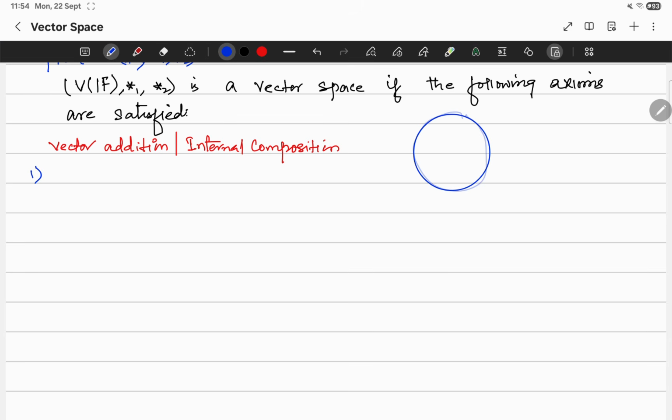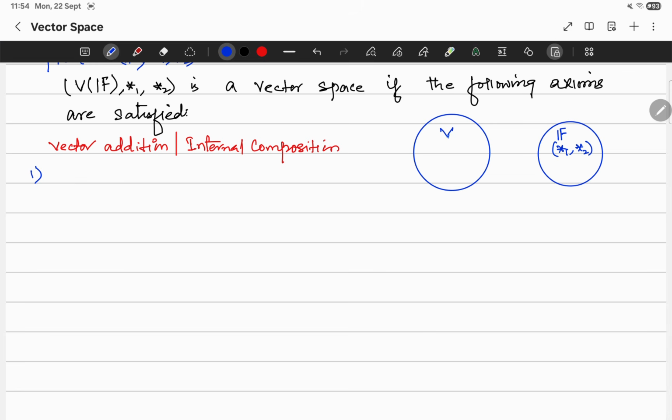That is first condition, if you will take, so you have a set V here, understand this is your set V and this is your set F, and you know F has the 2 operations star1, star2 because it is a field, so it is abelian with respect to star1, it is abelian with respect to the star2.